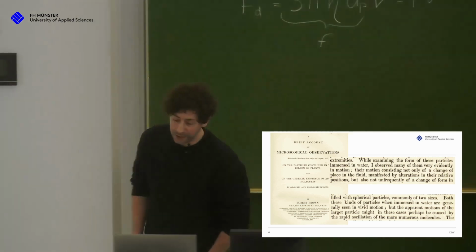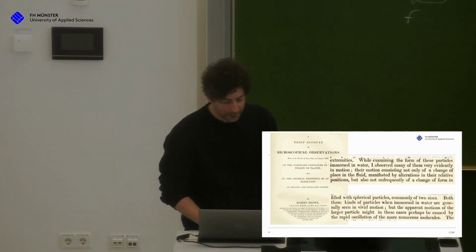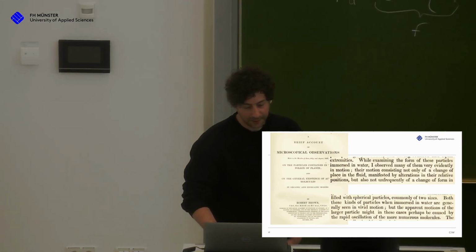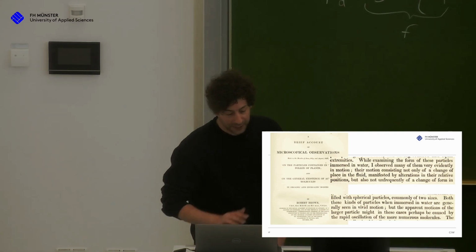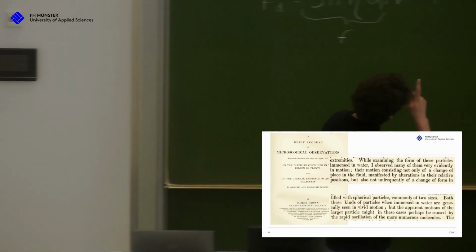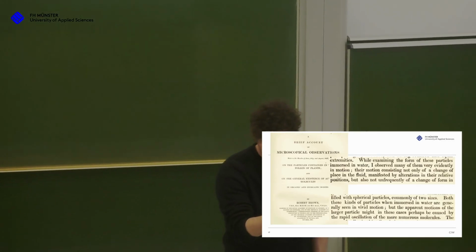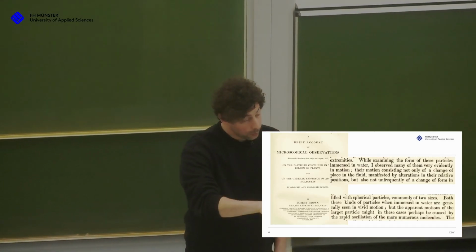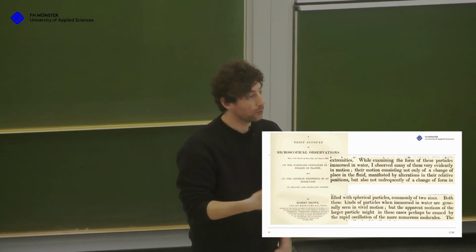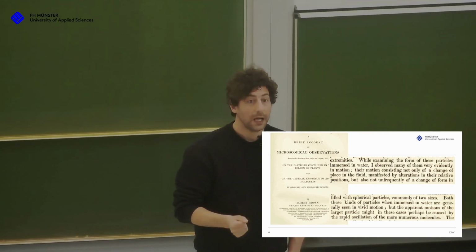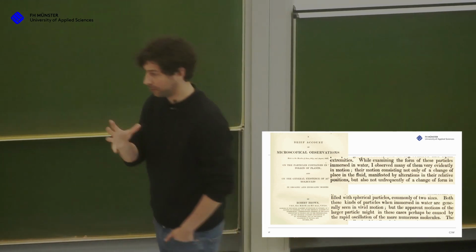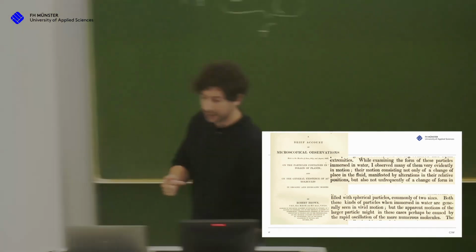So he's a biologist. And as a biologist, you can see he's interested in pollen and plants and all these things. In 1827, he was putting pollen from plants into liquid, into water, and then he was looking at it with a microscope. And then he saw them moving around. And this is what he's describing in his paper.